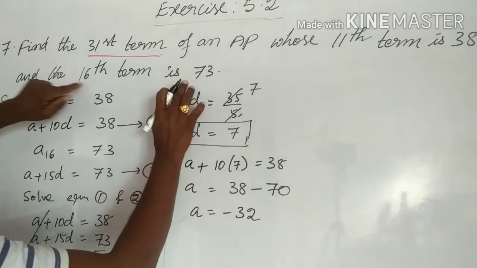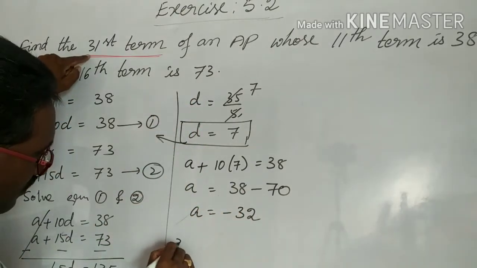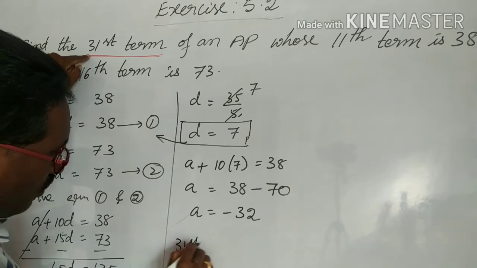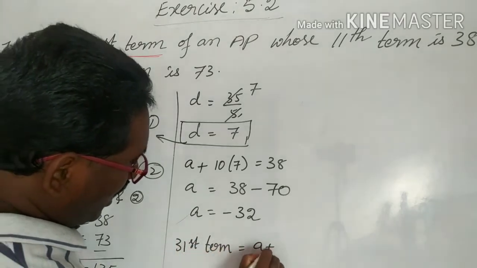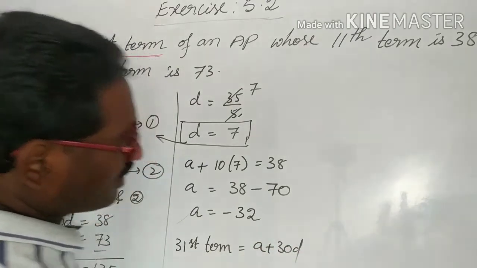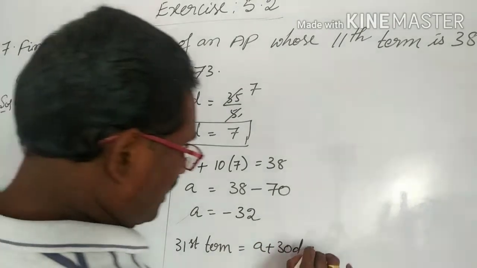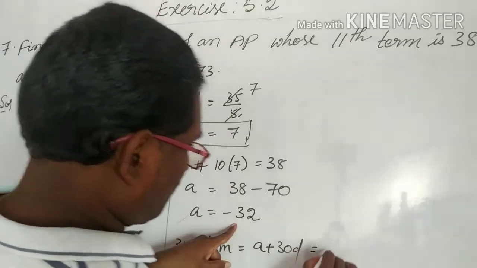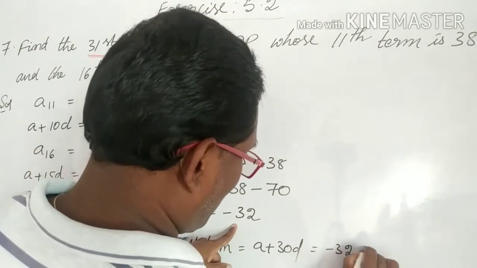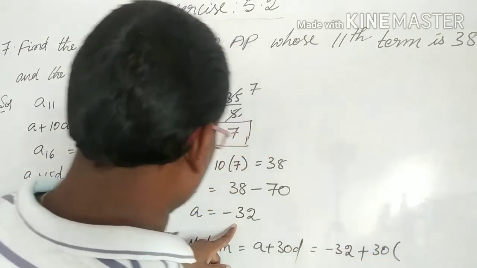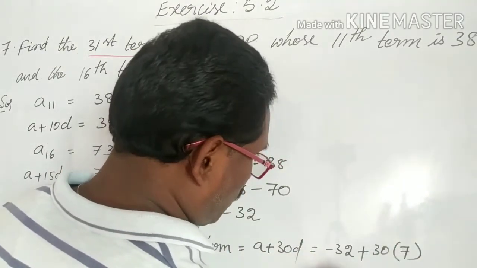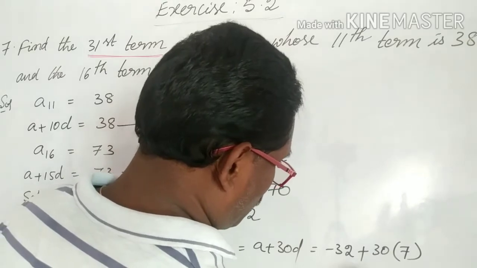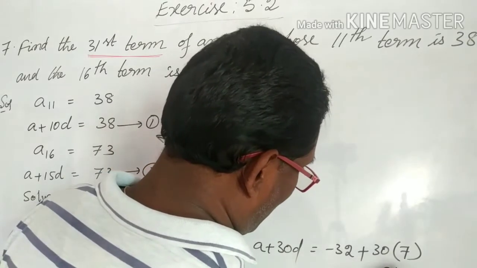Which term is asked here? The 31st term. The 31st term is A plus 30D, where A is minus 32 and D is 7. So that is minus 32 plus 30 into 7, which is minus 32 plus 210.